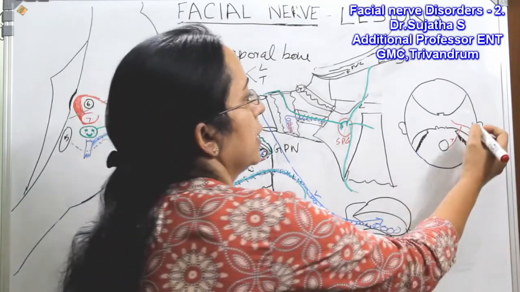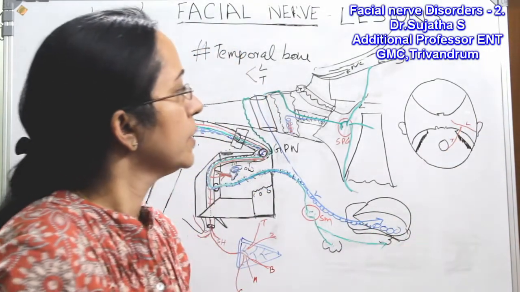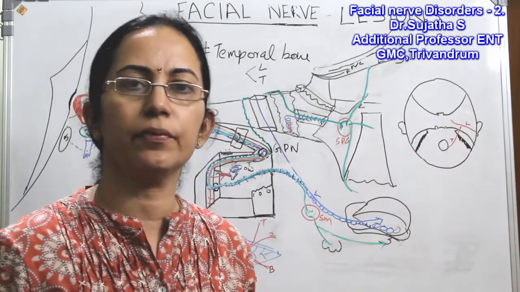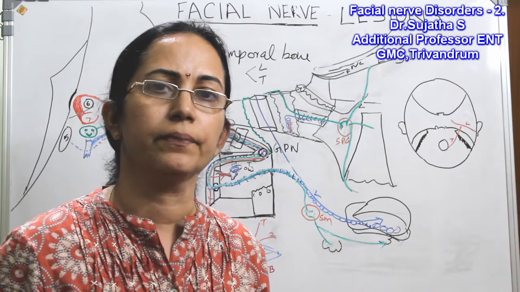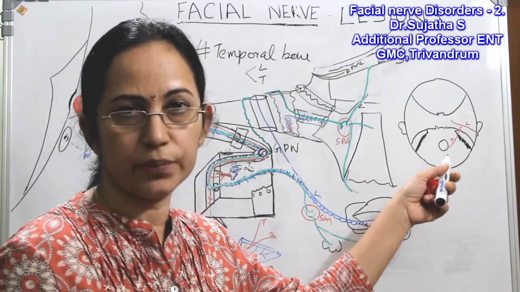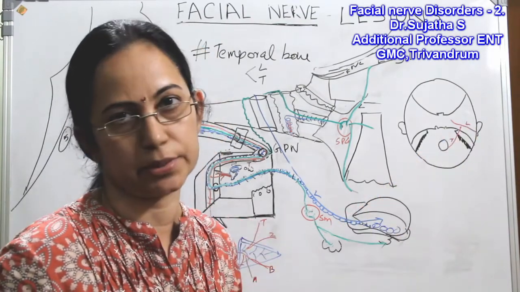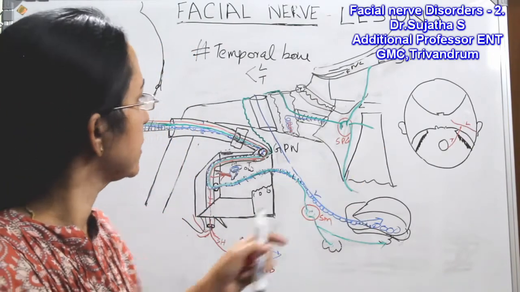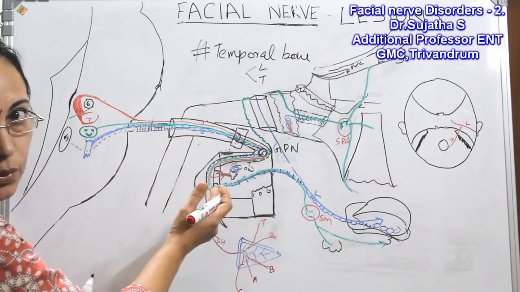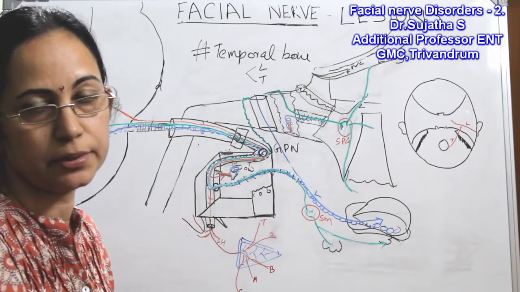So that is longitudinal. In which type of fracture will there be sudden transection of the facial nerve? Obviously, it occurs in transverse fractures. Okay. So in transverse fractures, usually this part is involved. Which nerves will be affected?